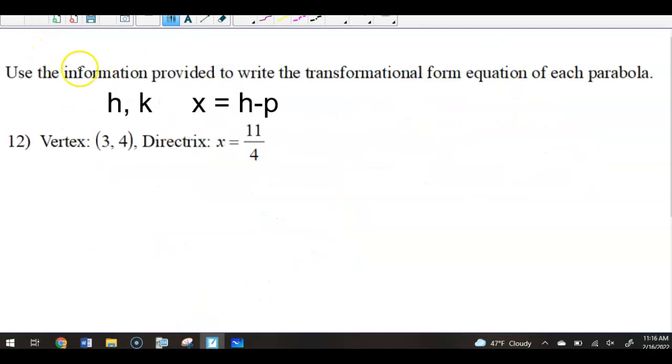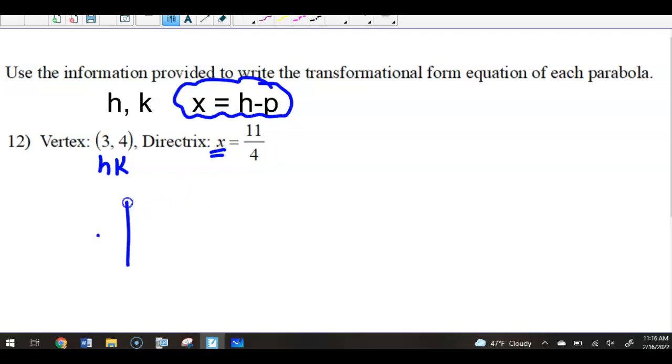All right. Then there's a couple where they give you the directrix. Again, if you look at your sheet, it will tell you when it is an x equals, you're using this formula. So you have h and k and an x equals line. An x equals line means this is opening sideways.